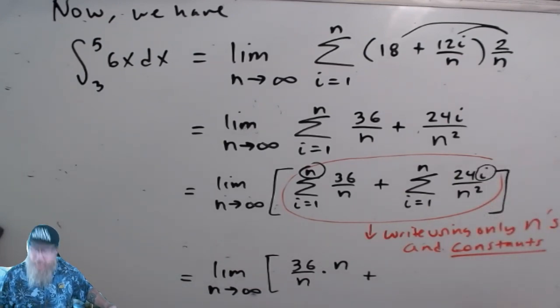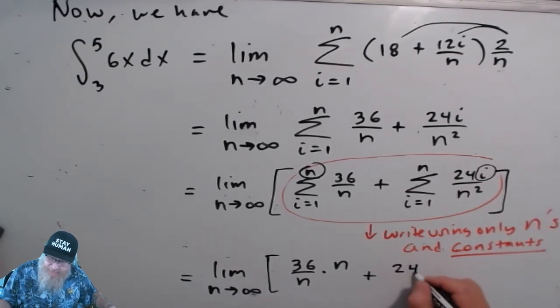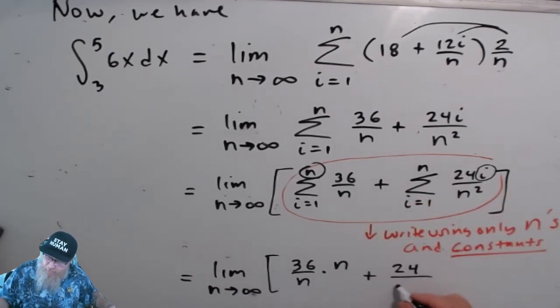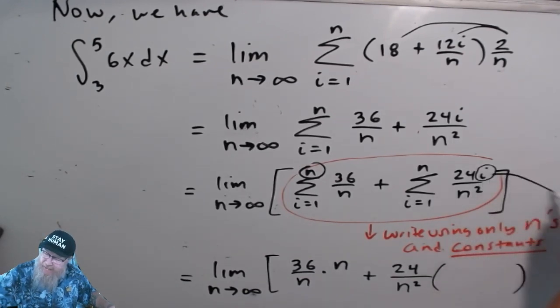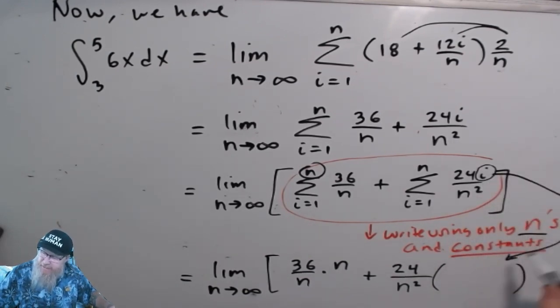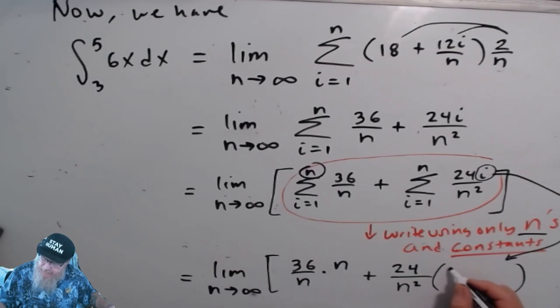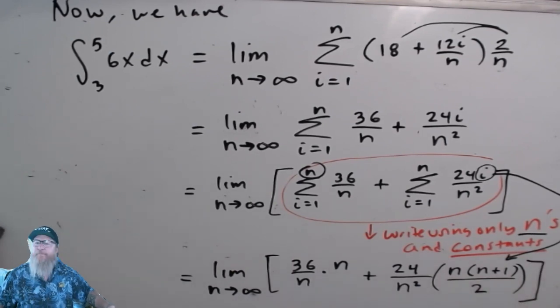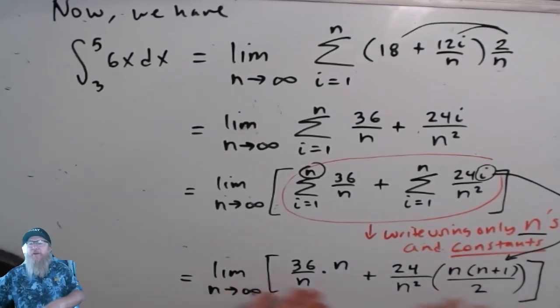So what's the formula for i? 24 comes out. The n squared comes out. And then we have the formula for i, using only n's and constants. So that's going to be n plus 1 over 2. And now you have an expression that only uses constants and n's.